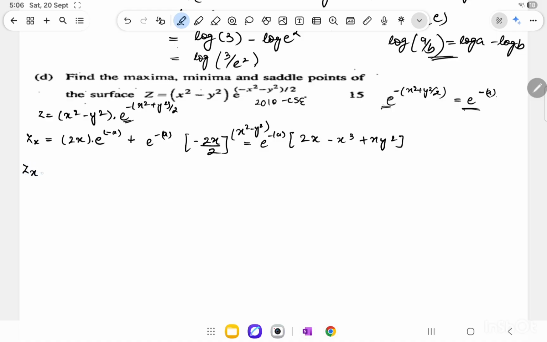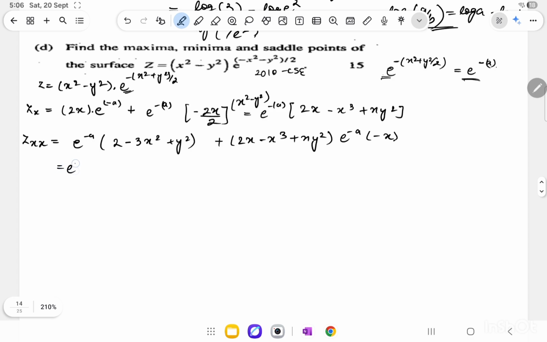Likewise, the partial derivative of second order will be e raised negative a into 2 minus 3x square plus y square plus 2x minus x cube plus xy square into e raised negative a into negative x.